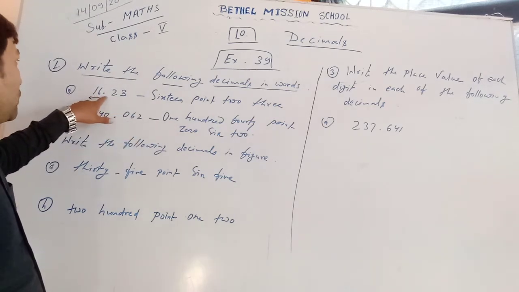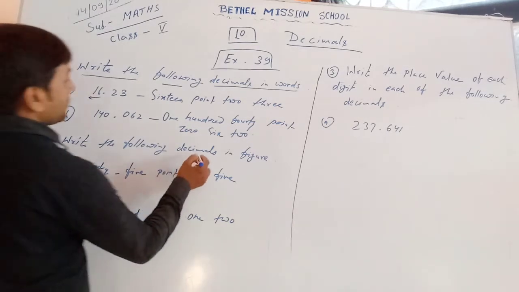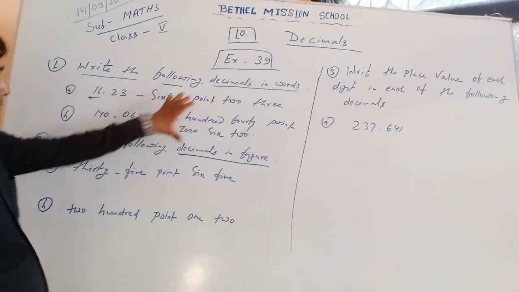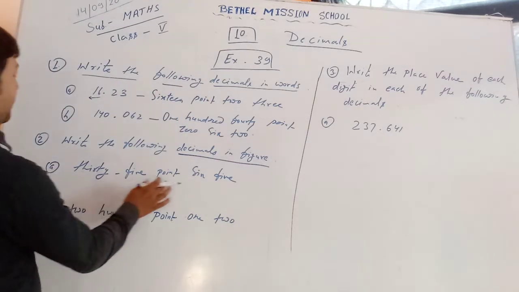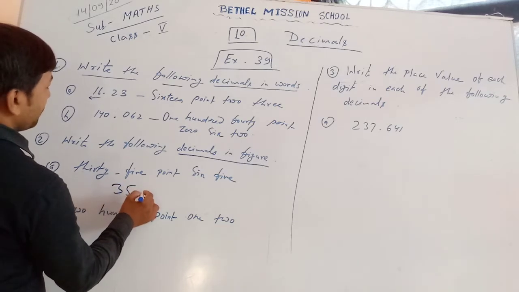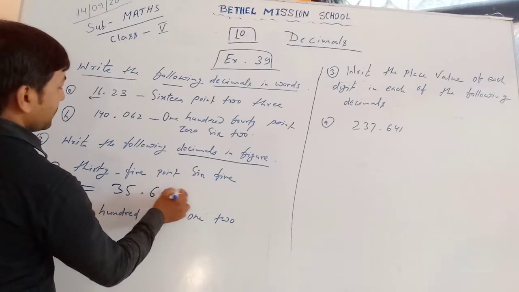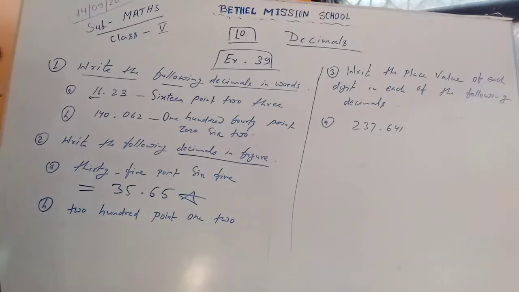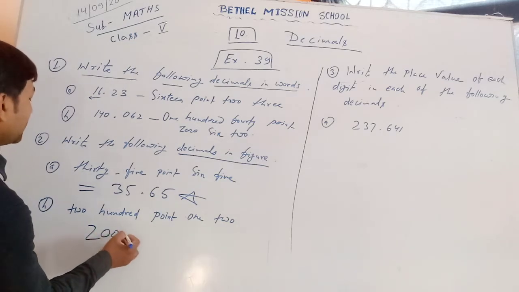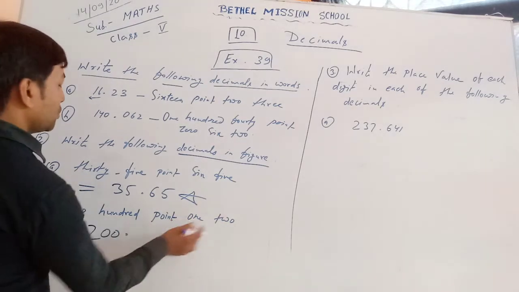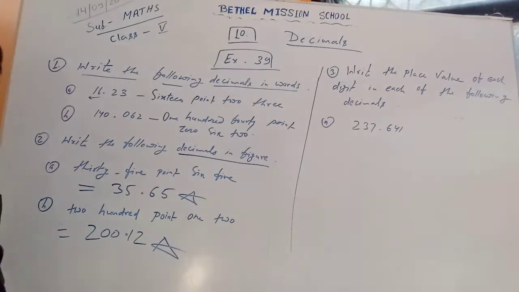Now second question: write the following decimals in figures. Here words are given and you have to write in figures, just the opposite. 35.35 and point 6565. This is the answer. Now 200.12. This is the answer. Very simple.